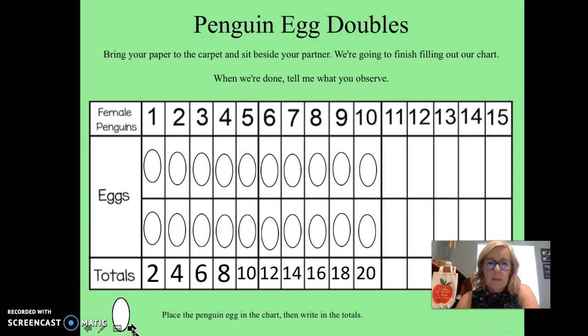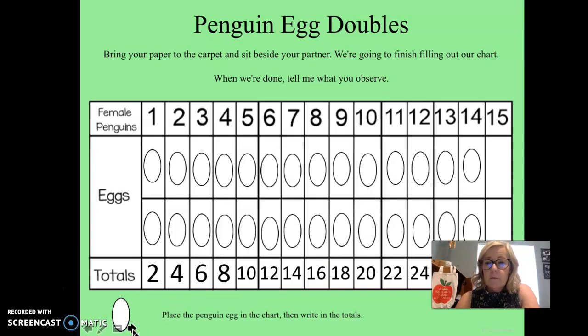Great job. 11 penguins for a total of 22 eggs. 24, 13 penguins laid 26 eggs. 14 penguins, 28 eggs, and 15 penguins for a total of 30 eggs.